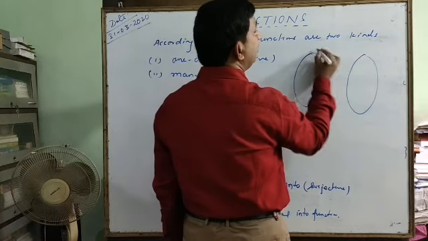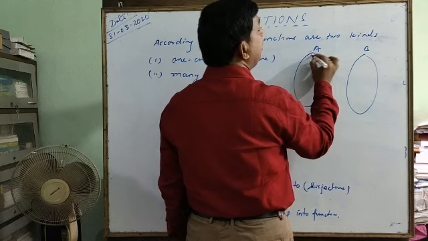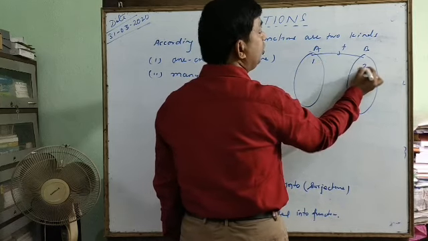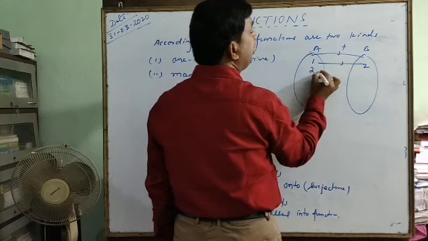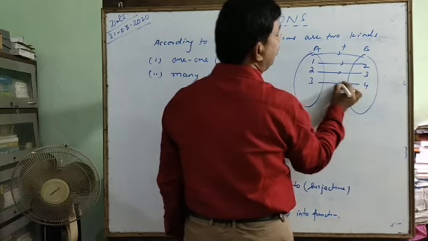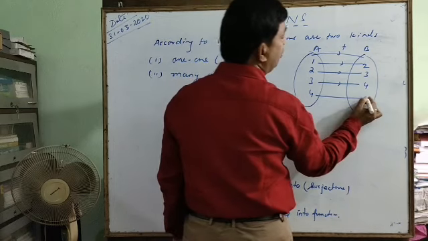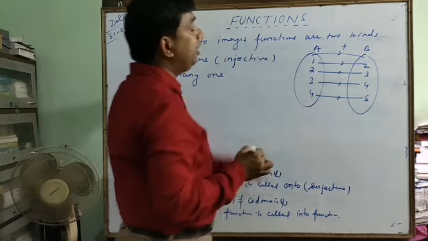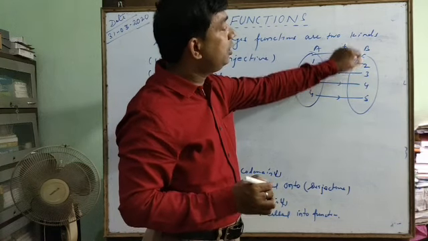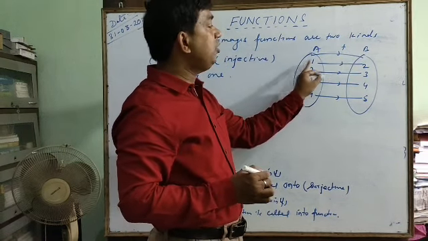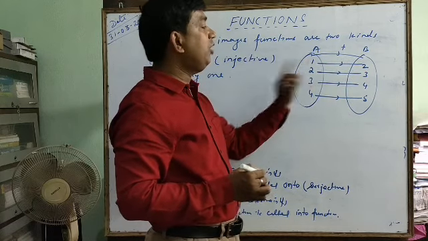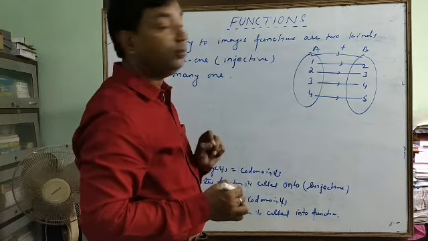Like here we take one example, f is a rule from A to B. Suppose 1 is related to 2, 2 is related to 3, 3 is related to 4, 4 is related to 5. So every element of A has some association with the second set, and it is a unique association, one-to-one correspondence. So one-to-one correspondence is called one-one.